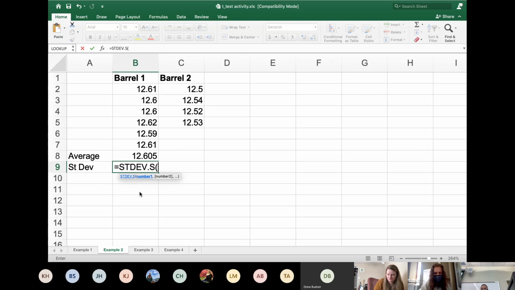Questions? Everybody okay with where we are now? So for example, if we go back here and change this data point to a 12.69, so that everybody's clear that I changed it.